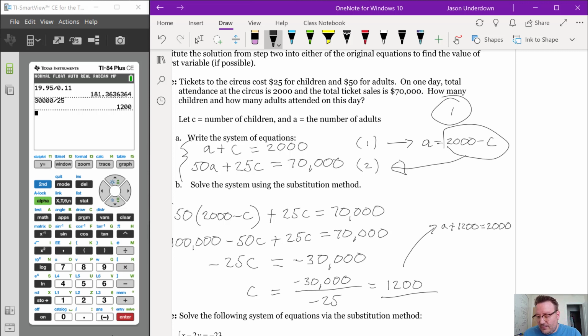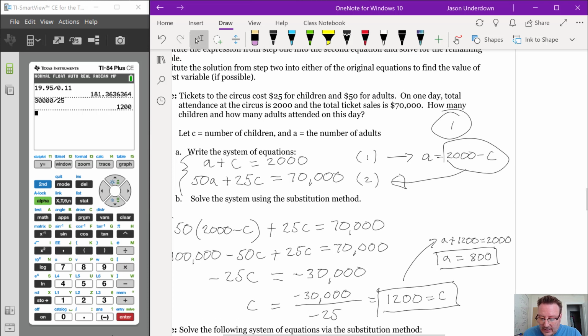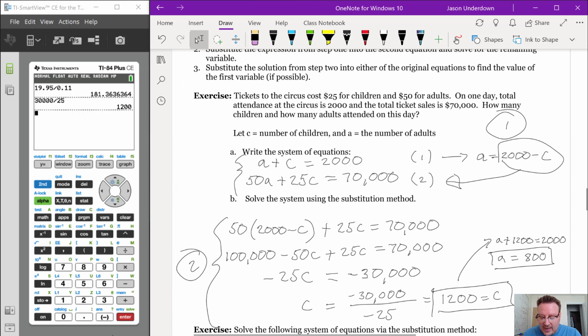Subtract 1,200 from both sides of the equation and I get A equals 800. Alrighty, so there were 800 adult tickets sold and 1,200 children's tickets sold. Clearly those two numbers satisfy equation 1.